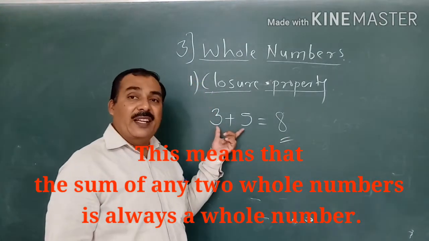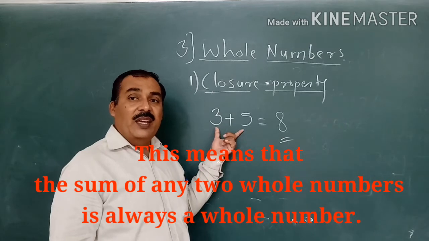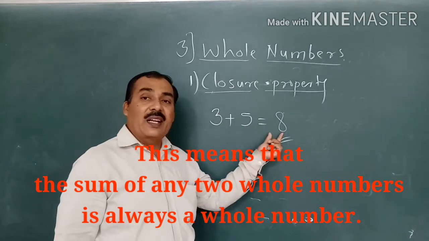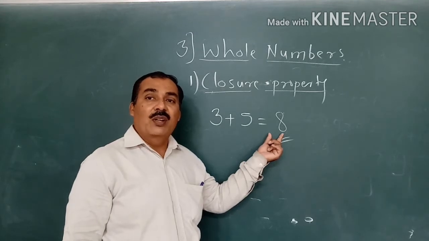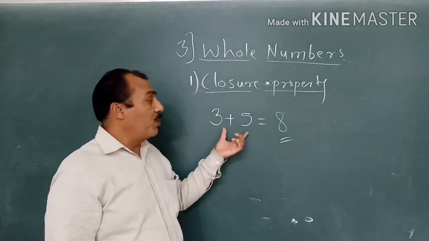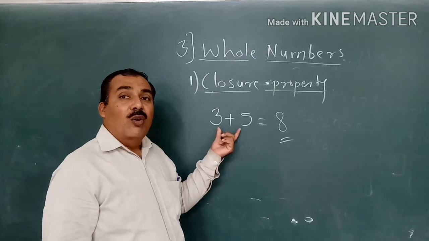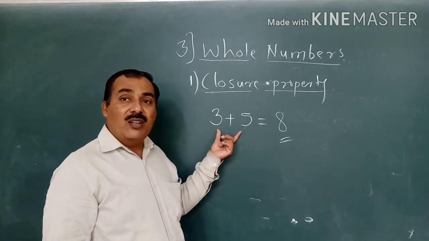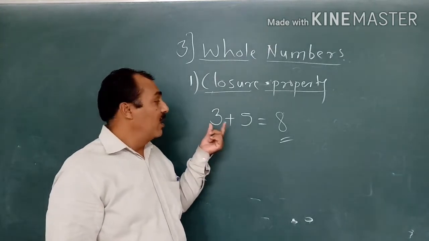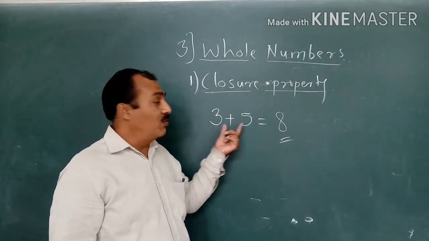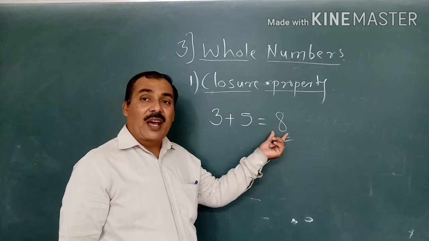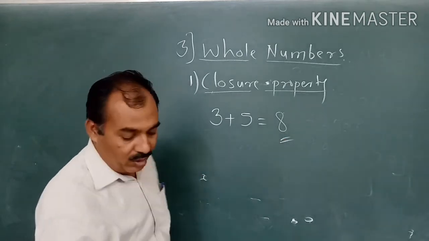Means when we add any two whole numbers, we get the answer in the form of a whole number. This property holds true for addition of whole numbers.